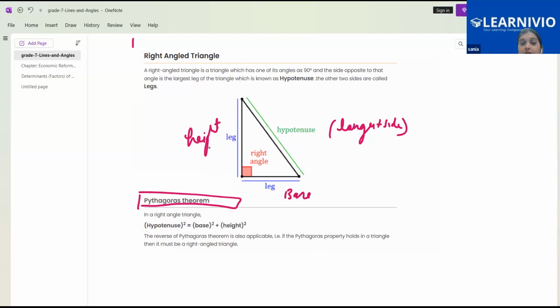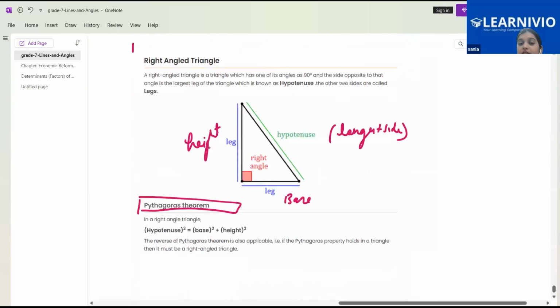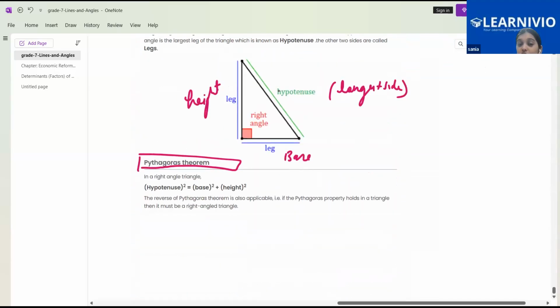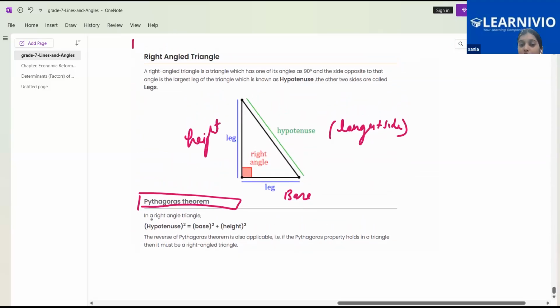Clear? Yes. In other triangles, we were checking whether adding these two was greater than this, right? But in a right angle triangle, they follow this concept. Okay, clear? So you will write this down.